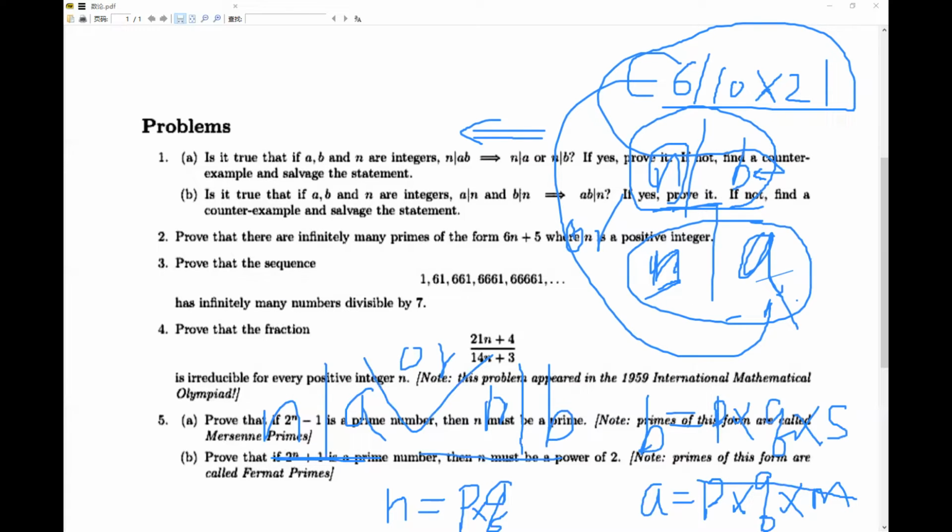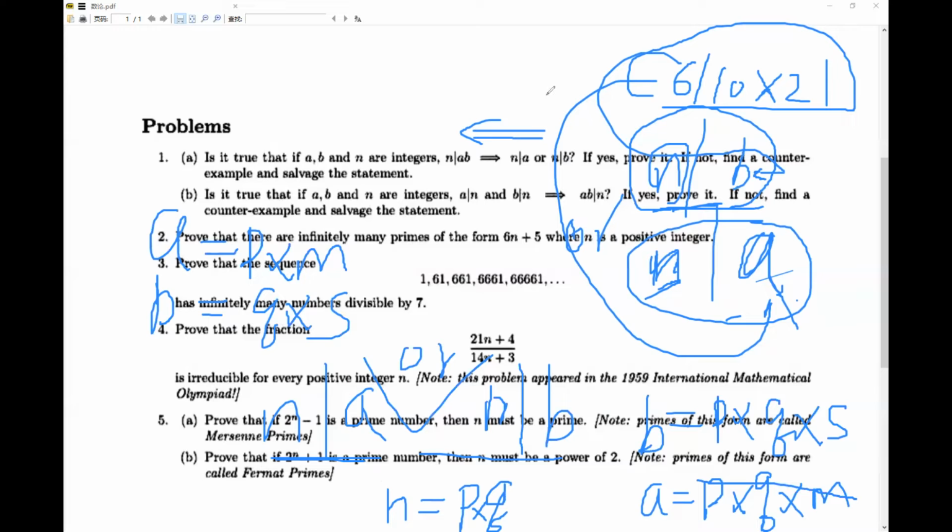That's your proof. But you missed one case: A equals P times M and B equals Q times S. This case you didn't mention.